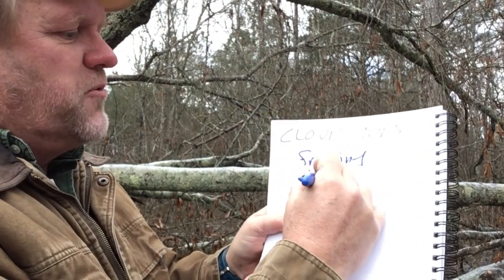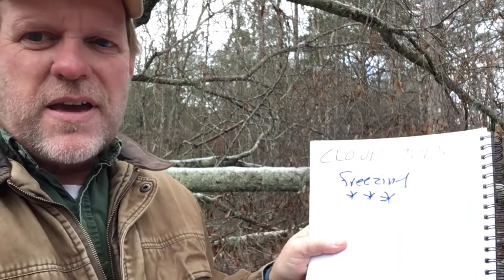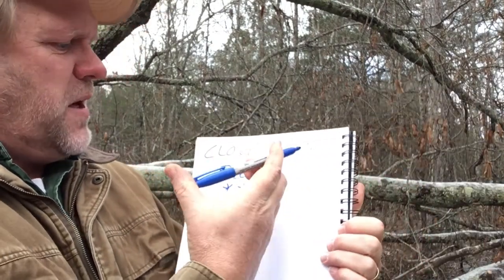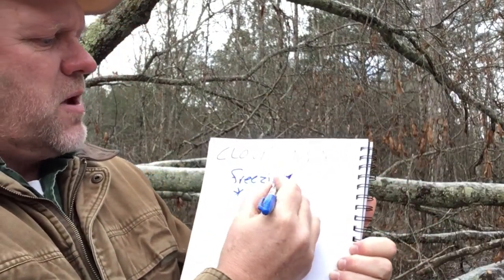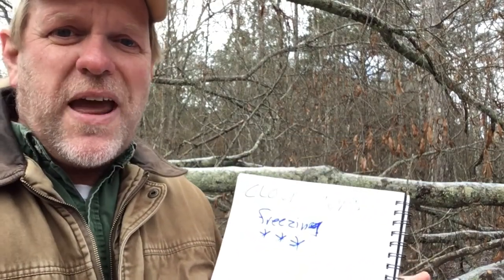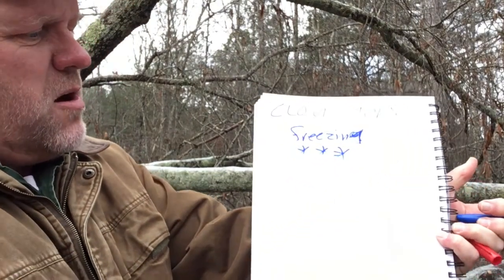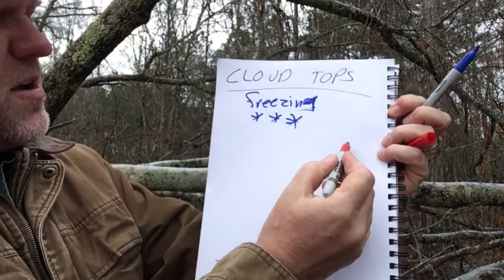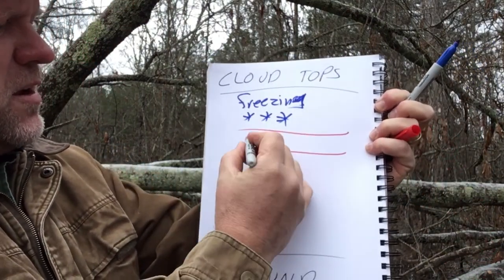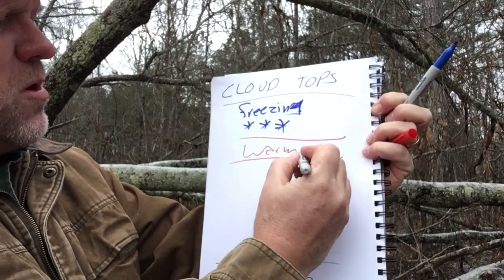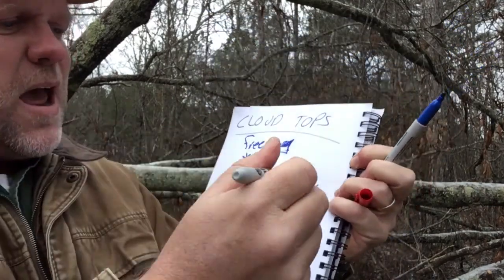Now, what happens when we have freezing up here, right? So here's our snowflakes, okay? We have freezing temperatures way up there, but we have a layer of warm air that comes across like this. So here's this layer of warm air right there. What happens then?